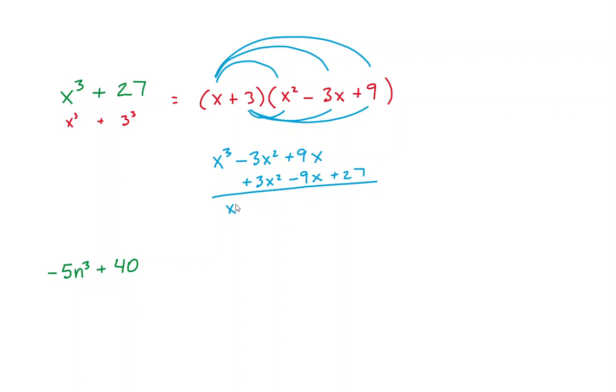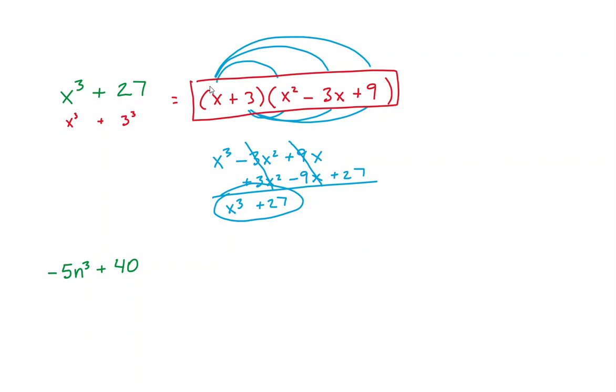We have x cubed, negative 3x squared plus 3x squared is 0, 9x minus 9x is 0, plus 27, and that's what we started with. So our answer is x plus 3 times x squared minus 3x plus 3 squared, which is 9. Okay, that's the sum of cubes formula.